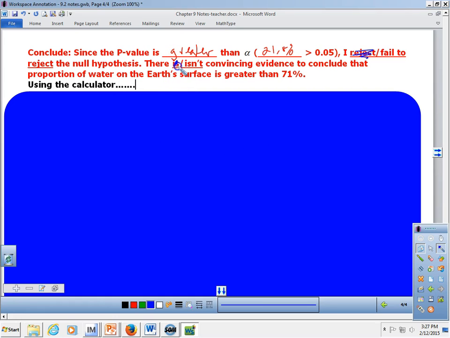There isn't convincing evidence to conclude that the proportion of water on the Earth's surface is greater than 71%.